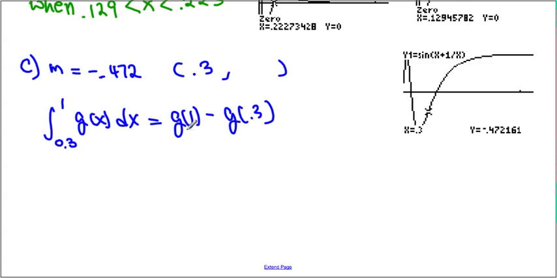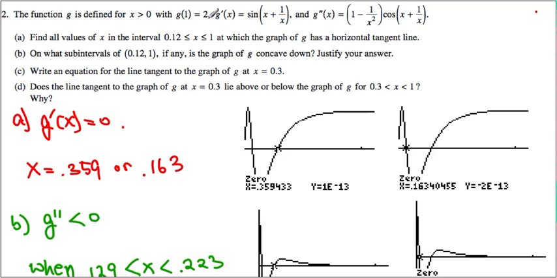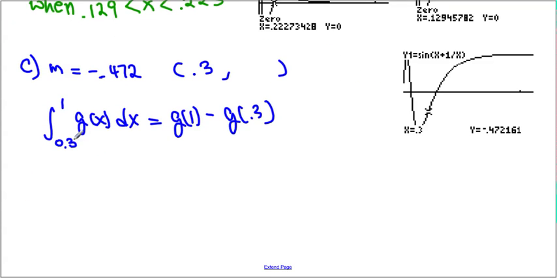G of 1 we already know, which was equal to 2. And this integral we can evaluate. Oops, I forgot the prime here. This expression we can evaluate quite quickly.